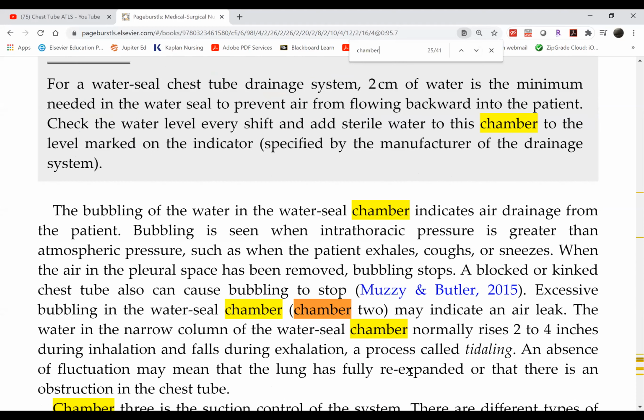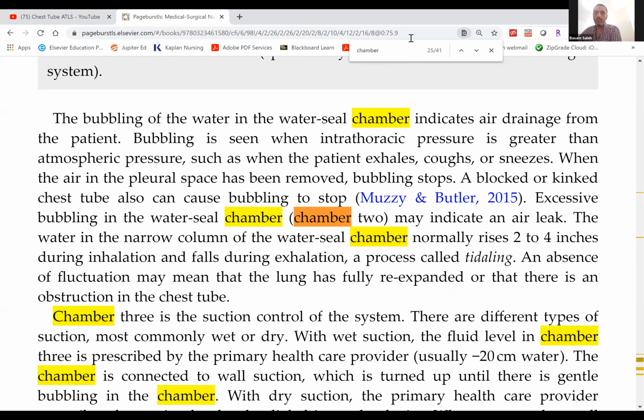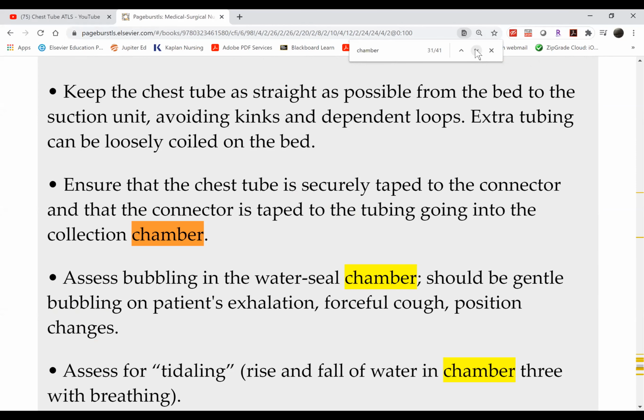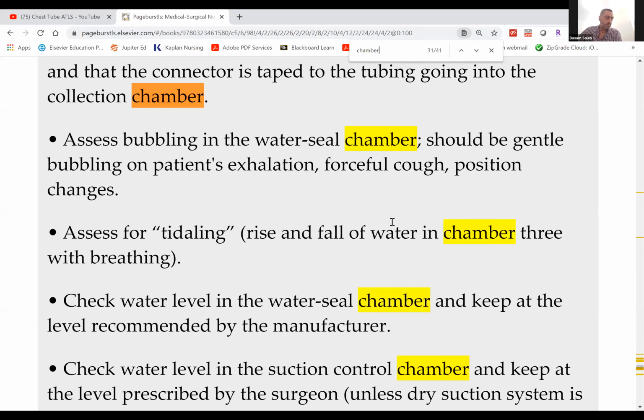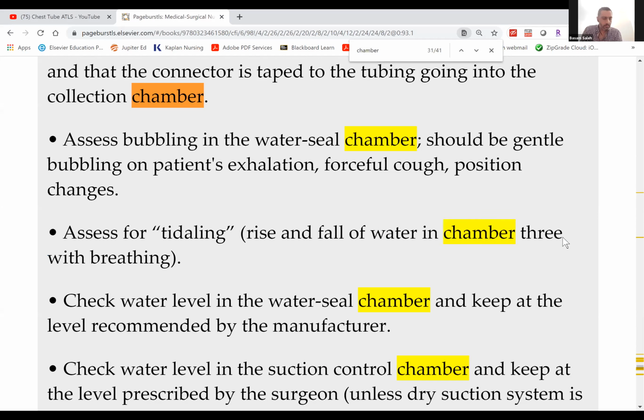Right here, I know this is correct. That's the correct chamber. Chamber 3 is correct. Right here, it is in the chart. So here, assess for tidaling, this is obviously referring to chamber 2. So please change this in your textbook. This is not chamber 3, because chamber 3 is the suction control chamber. Is that clear?